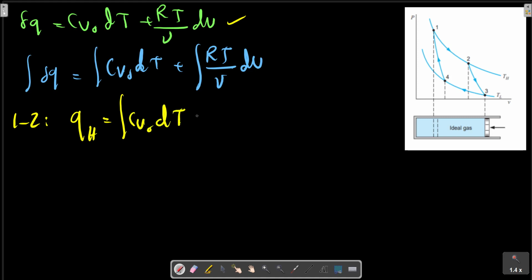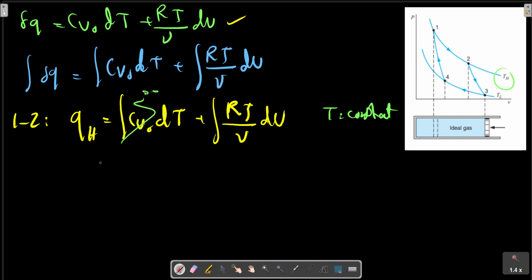C_V0 dT plus RT/V dV. This is T constant, as shown in the picture. So the first term is 0, and with integration we have Q_H = RT_H ln(V2/V1).